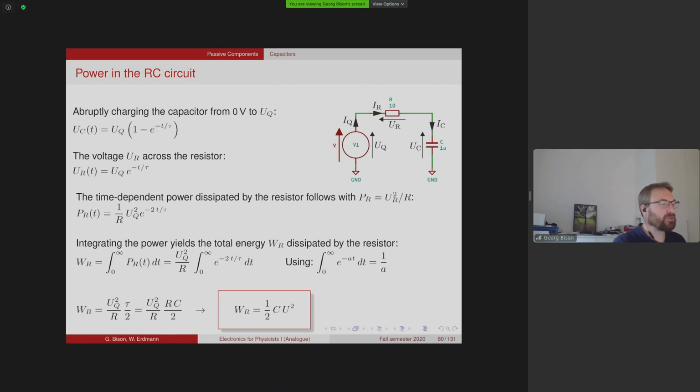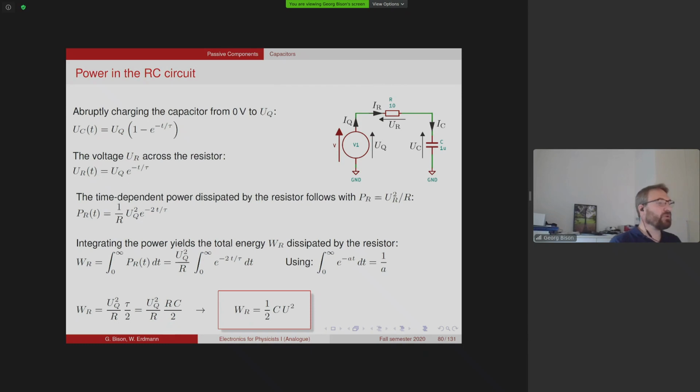And this makes the slow charging of the capacitor. And of course, the voltage that is missing here must be the voltage that is dropping over this resistor. So the voltage over this resistor is simply the same term, just taking this part here.